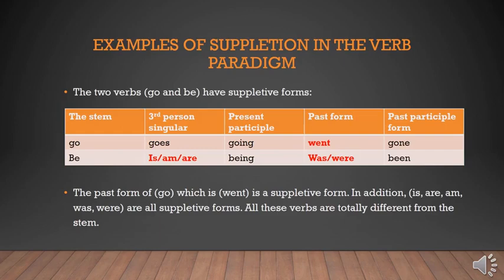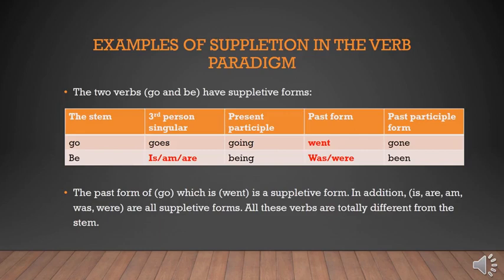Notice that here we have a total change in this form. A total change between the past form and the stem. We have a different form between go and went.